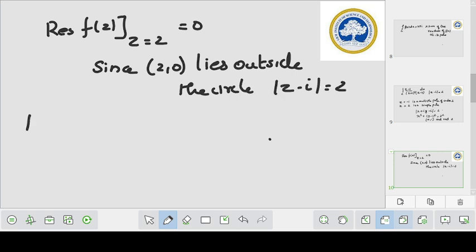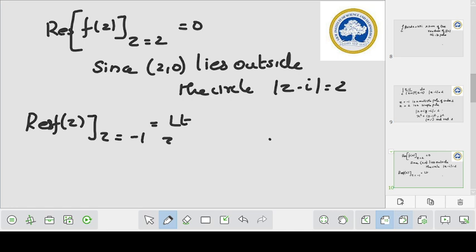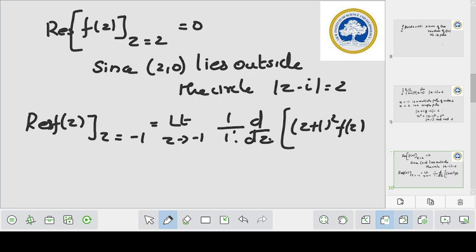Now next step, you have to find the residue of f of z at z equal to minus 1, and here it is a multiple pole. Applying the multiple pole formula, limit z tends to minus 1 of 1 by 1 factorial d by dz of (z plus 1) the whole square into f of z.